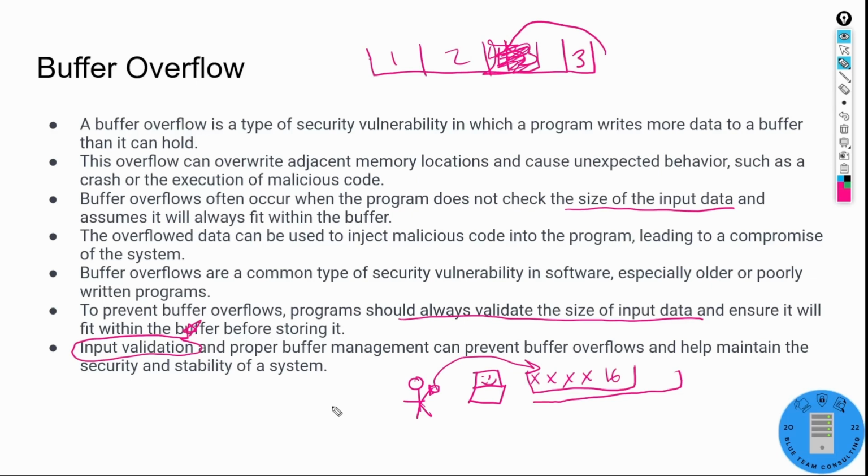But if you have input validation and those checks and bounds in place, that can definitely help you out. Another example of input validation that is more simplified is, let's say we're filling out a form online.